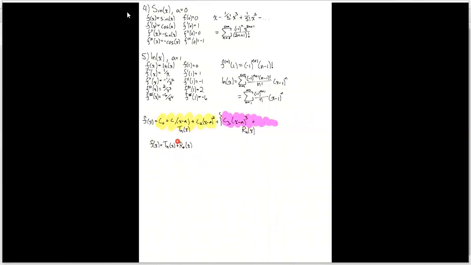So if Rn goes to 0 as n goes to infinity, then we have that the limit as n goes to infinity of Tn equals f of x.